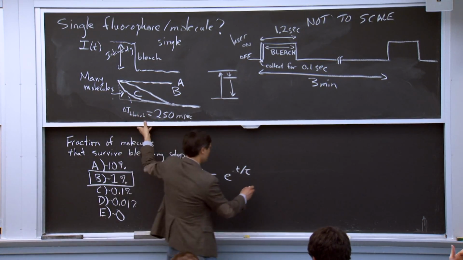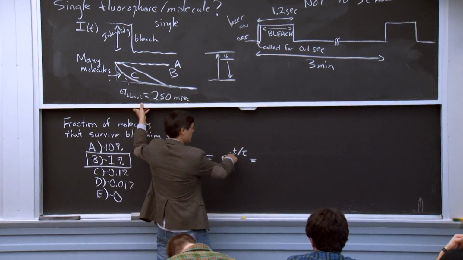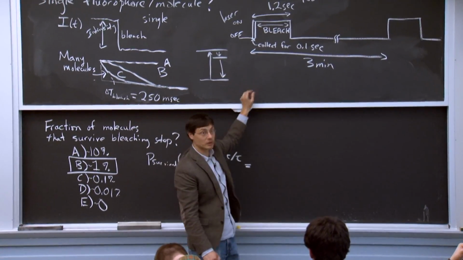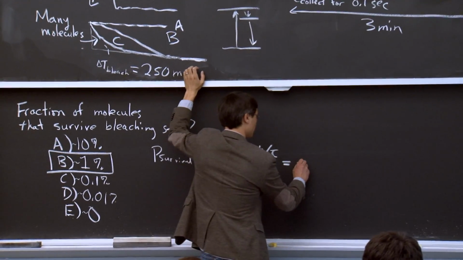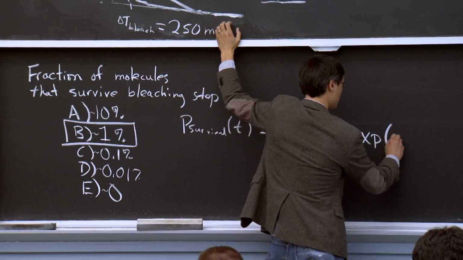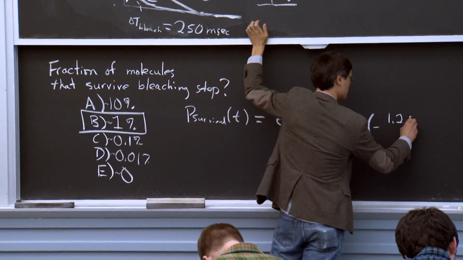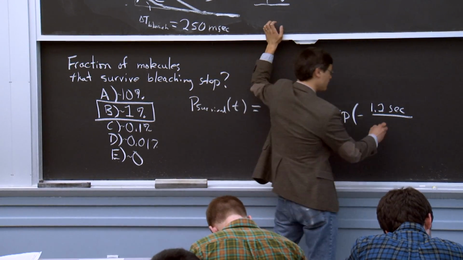Okay, and what is t and tau? Well, t is this time, 1.2 seconds. So we have e to the, maybe we'll write it as the exponent of, minus 1.2 seconds divided by the lifetime in this condition, which we're told is 250 milliseconds.